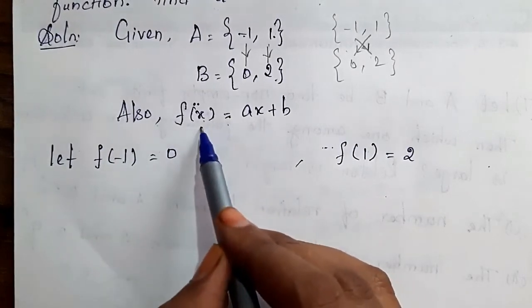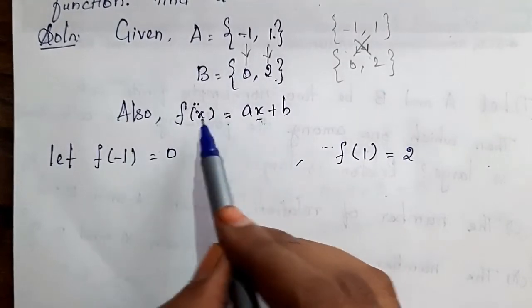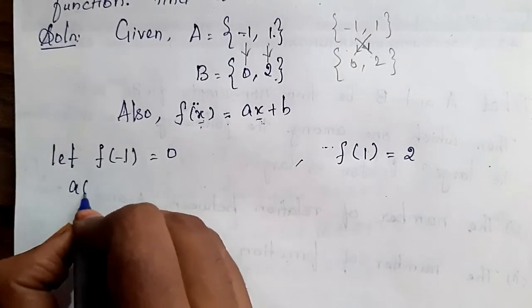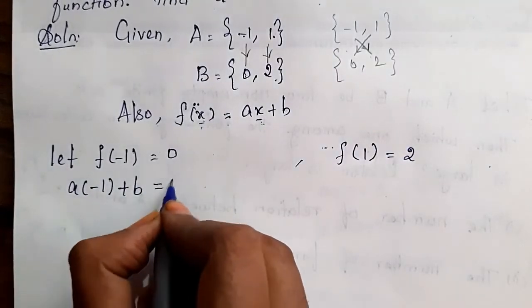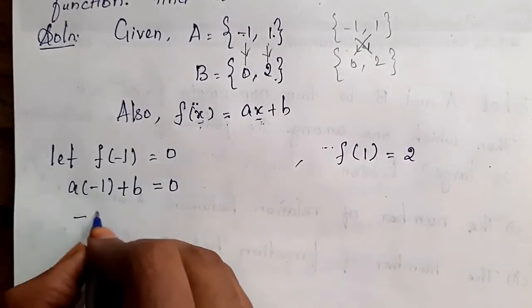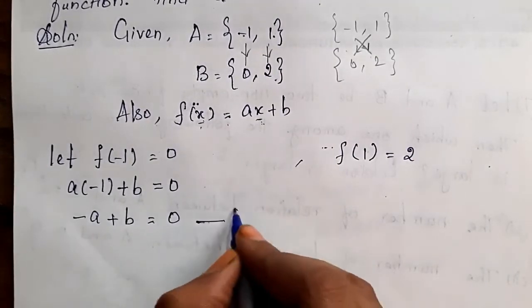If you put -1 here, here also you have to put -1. So a into -1 plus b equal to 0. Then multiplying, -a + b = 0. Take it as equation number 1.